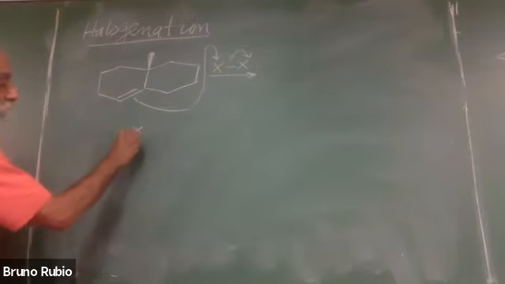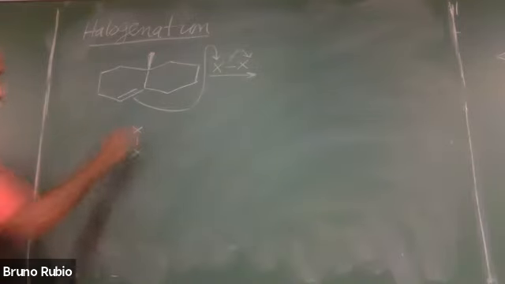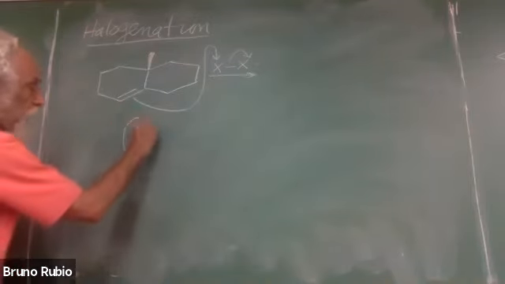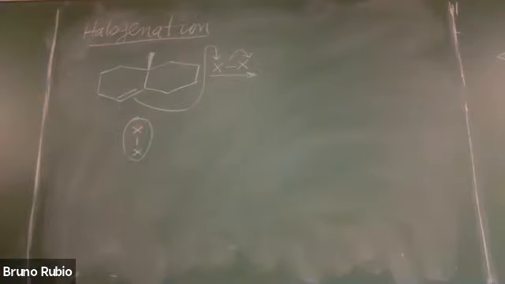So X2, this could be Br2 or Cl2 or something like that. The electron distribution in X2 is symmetric. Neither atom is more electronegative than the other.